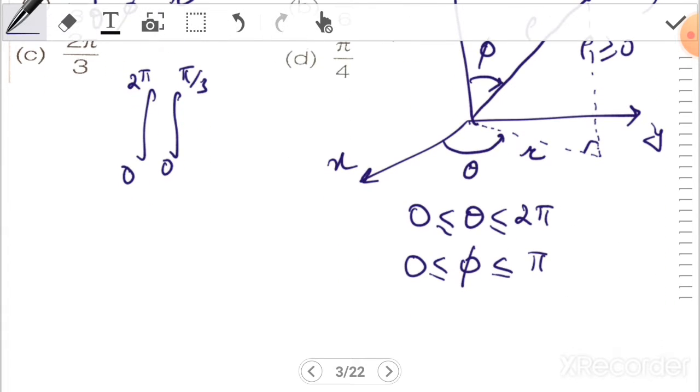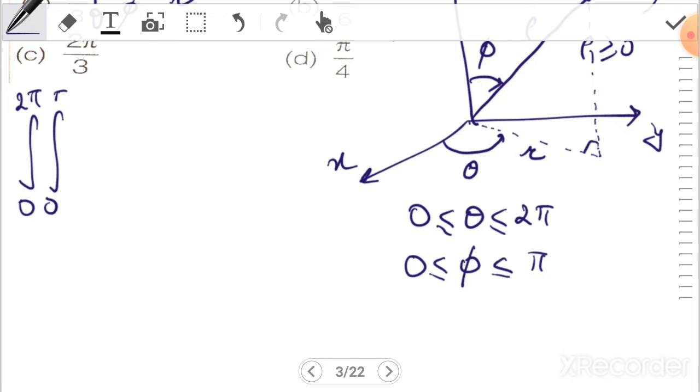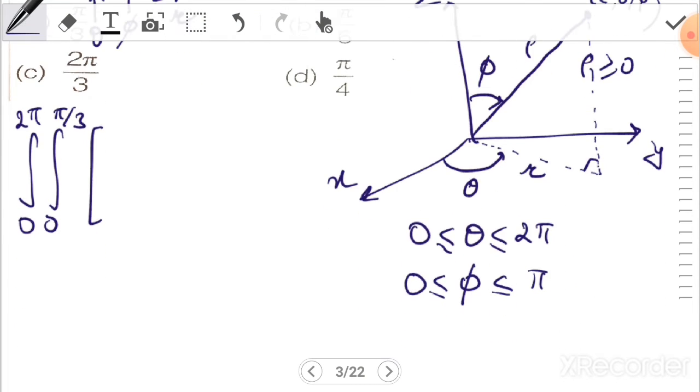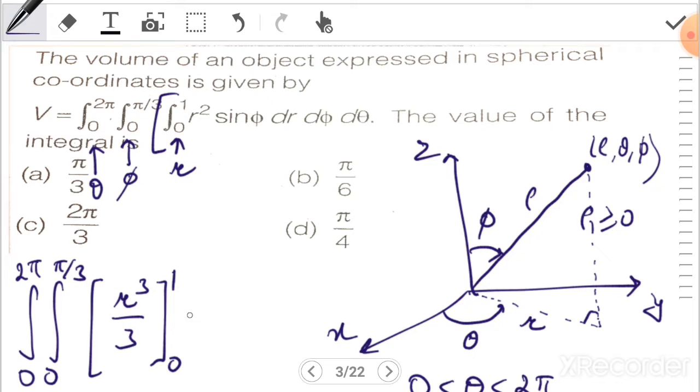So now let us evaluate the integral. 0 to 2 pi, 0 to pi by 3. Let us first integrate r square with respect to r, which will be r cube by 3, with limits 0 to 1, then sin phi d phi and then d theta.